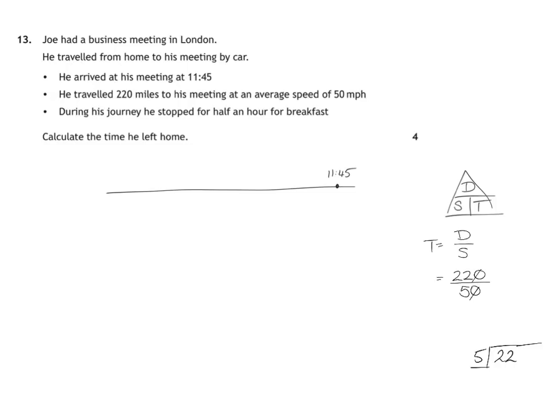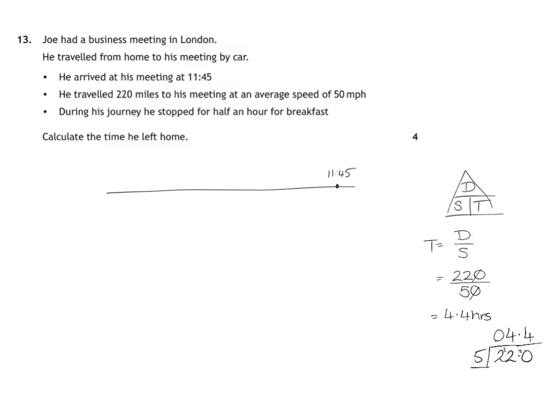So we're going to end up with decimals here because it's not going to go exactly. So 2 into 5 is none, remainder 2. 22 into 5 is 4, remainder 2. And then 20 into 5 is 4. So it took 4.4 hours.